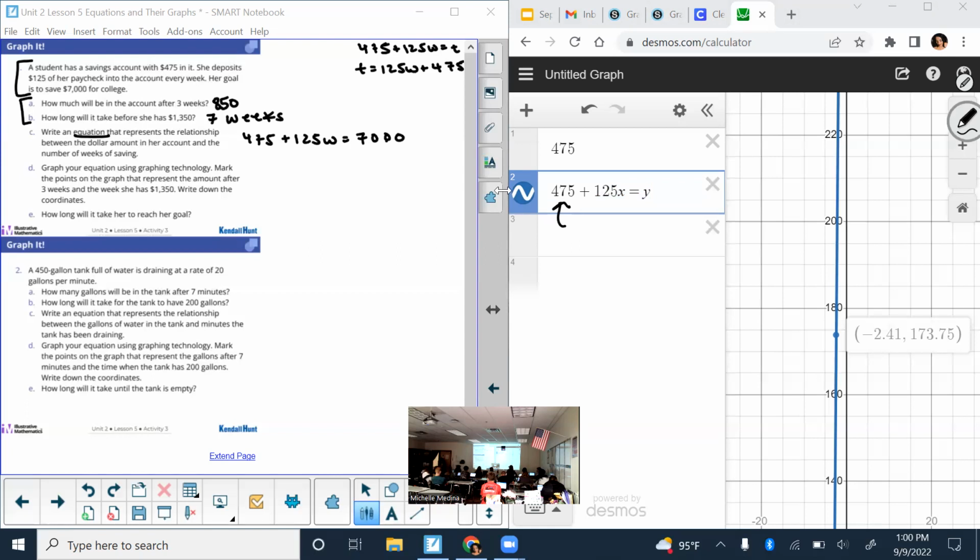Y, so y-intercept. What's the code for y-intercept? What letter do you use for y-intercept? No, you got a y right here. It's a different letter. Oh, close. Close, and will be something else.